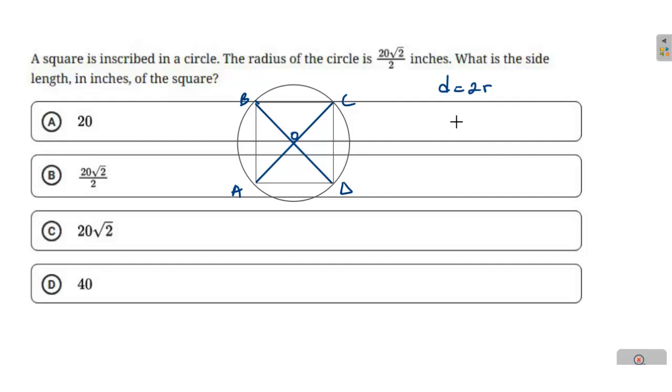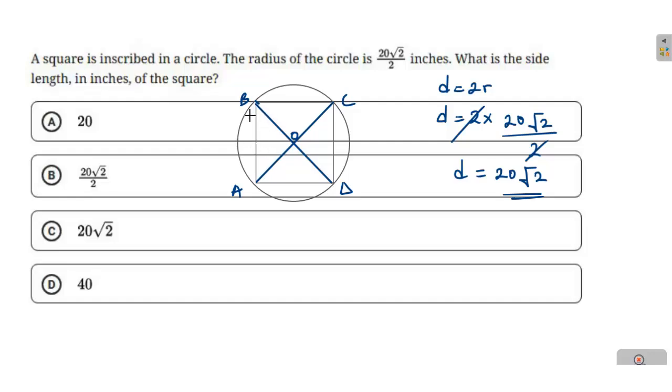If I know the diameter of this circle, I can predict what is here and here. D will be 2 times the radius, that is 20 root 2 divided by 2. This cancels this, so the diameter is 20 root 2. So the full diameter is 20 root 2.